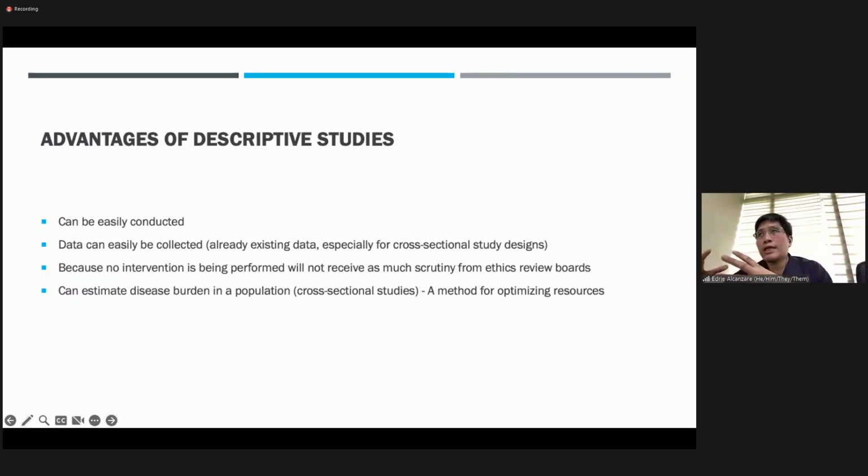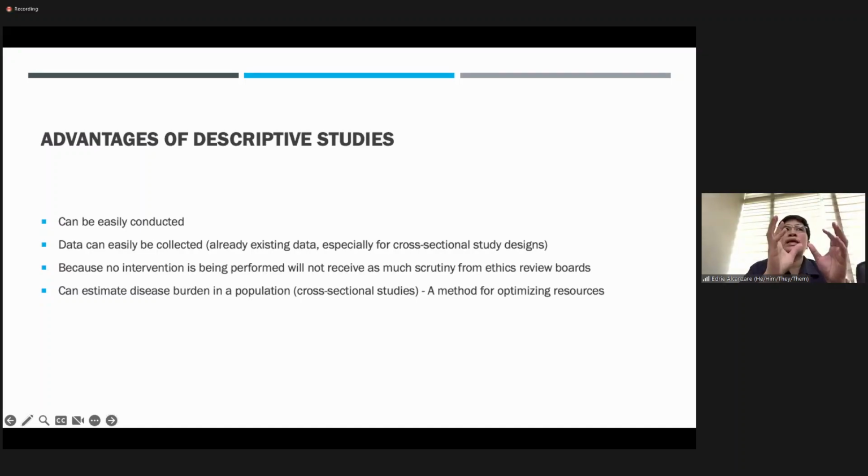Already existing data is there, especially for your cross-sectional study designs, because these are already being collected by your barangay health workers or by your midwives, or already an epidemiologic study is being done by your provincial health office.